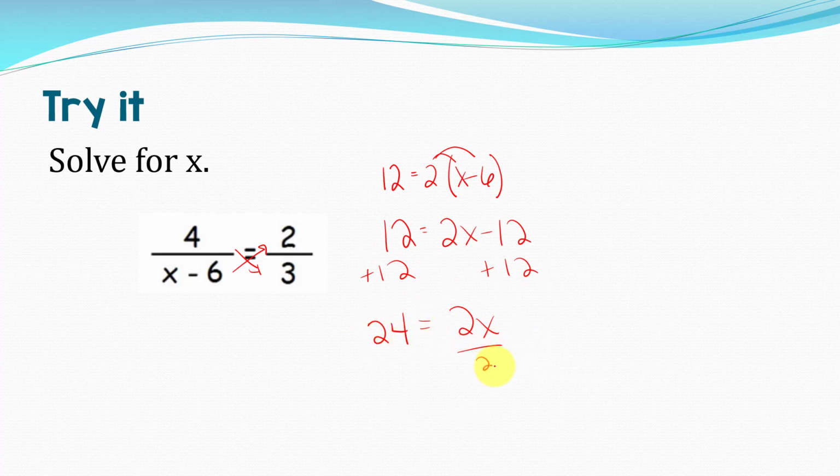And divide by 2. x equals 12. Substitute it in and see if it works out. 12 minus 6 is 6, so 4 to 6 is proportional to 2 to 3, which we know is true. We could reduce this to 2 over 3. 2 over 3 would equal 2 over 3.